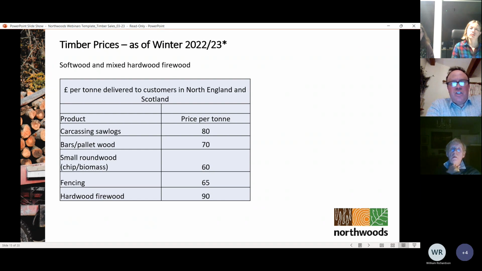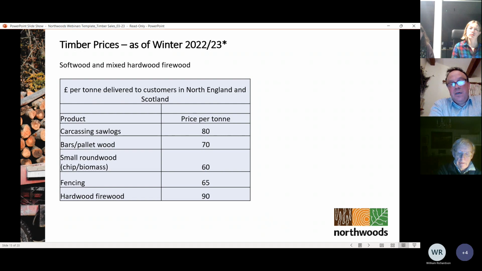So at the moment, as a general rule, we had a price spike in 2021. 2022 was a year of market correction, so prices fell back steadily due to uncertainty elsewhere in the world. It appears they've now stabilised. We're at the bottom of the market cycle, or starting to see the green shoots of spring, depending on your view. But saw logs are around £80 a tonne delivered.